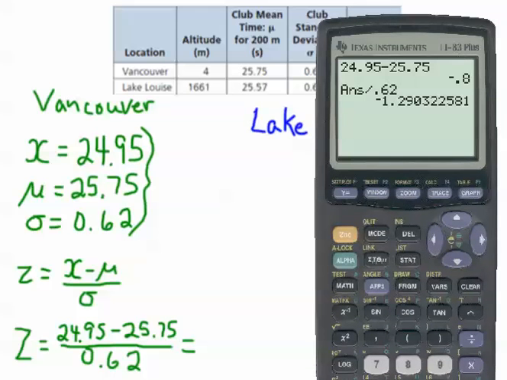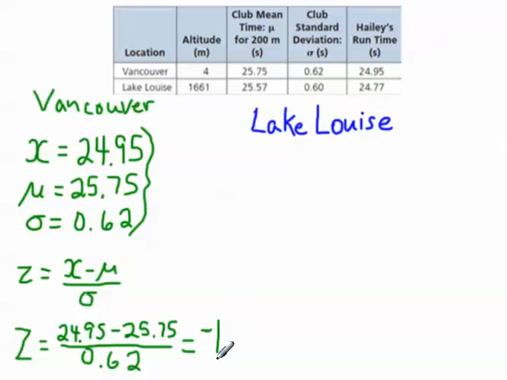When I did that, 24.95 minus 25.75 gave me negative 0.8. Then I divide that by 0.62, because that was the standard deviation, and I get 1.290322. So first of all, it's a negative number, negative 1.29.